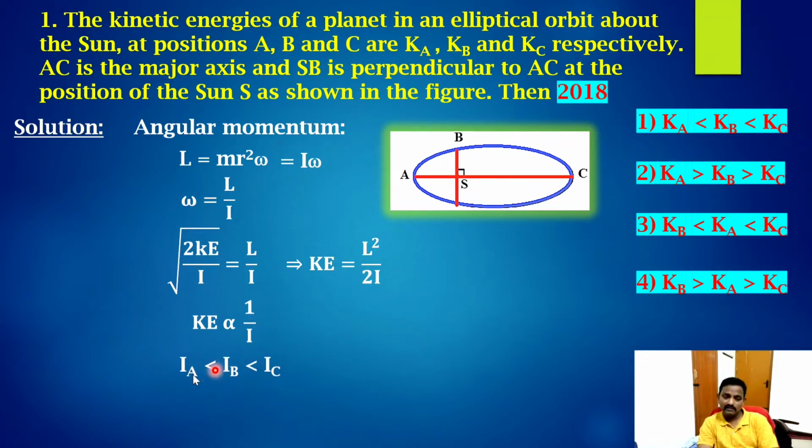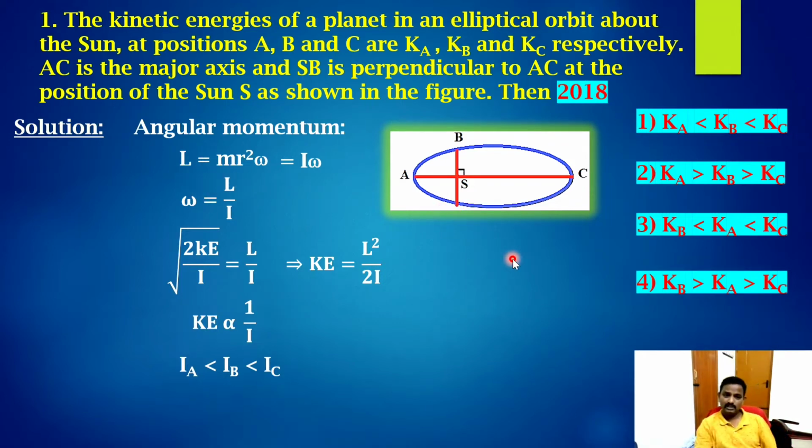So here moment of inertia at position A is less than at position B, which is less than at position C. Why? Because moment of inertia means m r square. So whenever r is less, moment of inertia will be less.